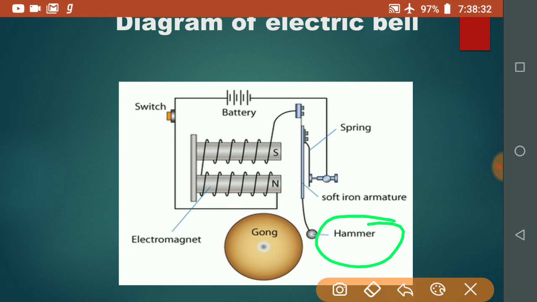And here is the electromagnet: an iron piece with a coil of insulated copper wire wound around it, and there is a switch, and it is connected to the battery to supply a continuous amount of current. Here is the spring, and here is the soft iron armature. I have already discussed the principle.